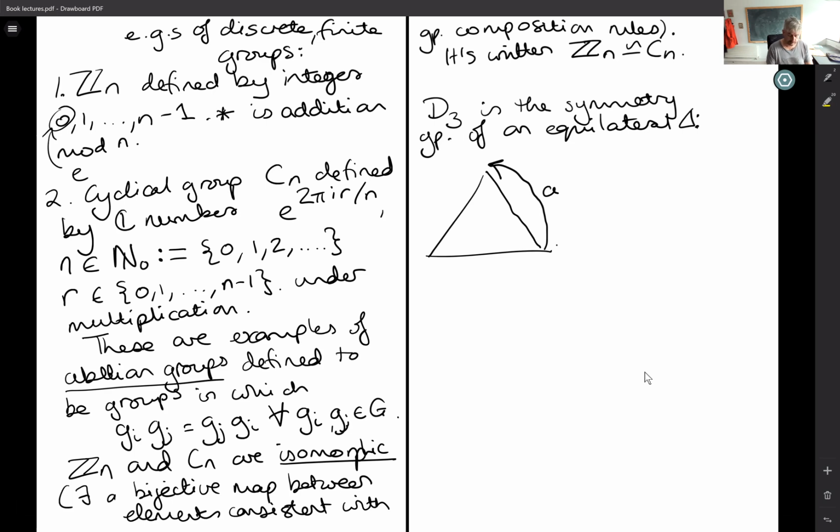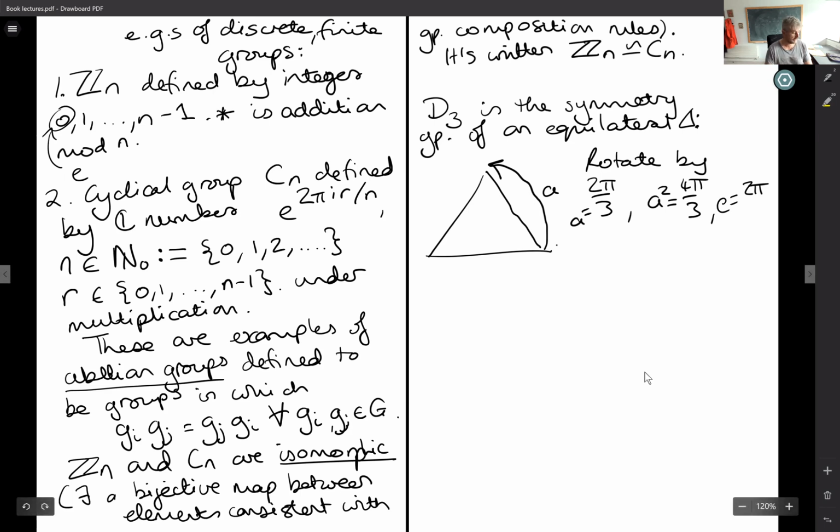And I could rotate by 2 pi by 3, so that's a, or I could rotate by 4 pi by 3, that member is a squared, or I could do it all the way around by 2 pi, but then each corner of the triangle ends up back where it started, and so that's the identity element, if I either rotate by 0 or by 2 pi.